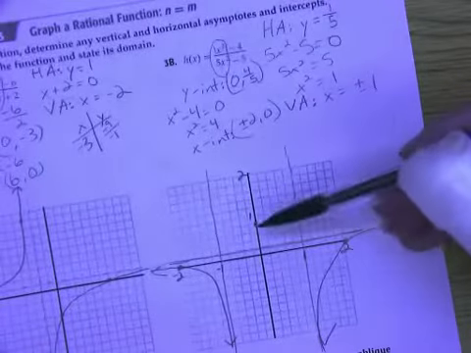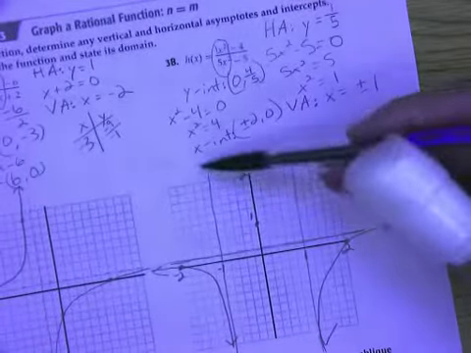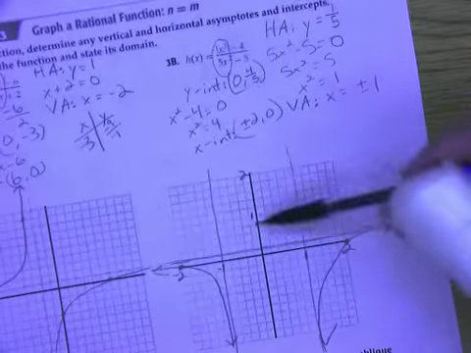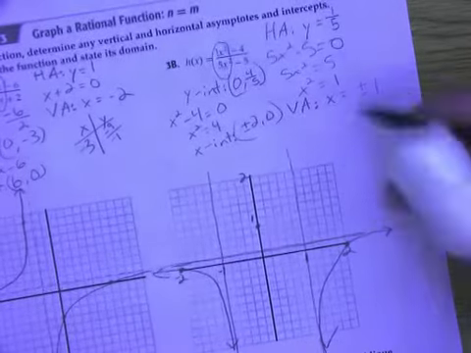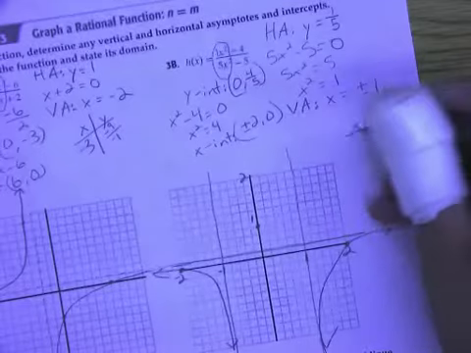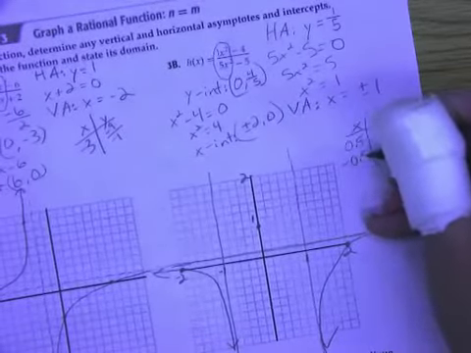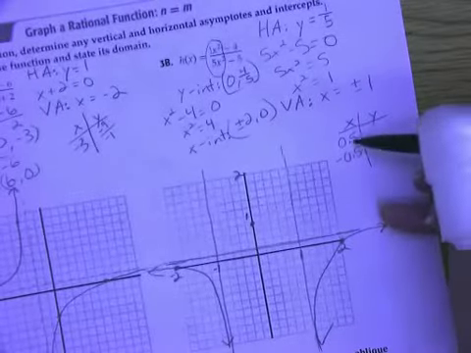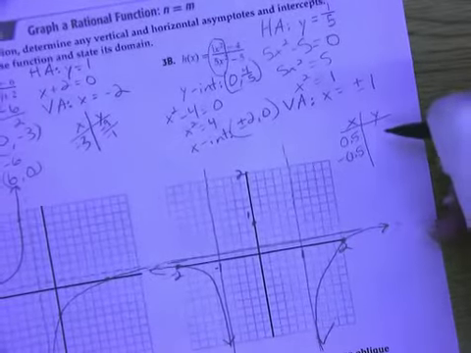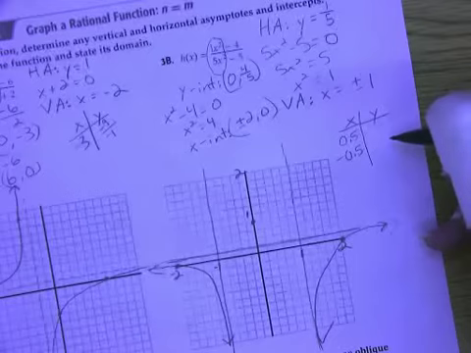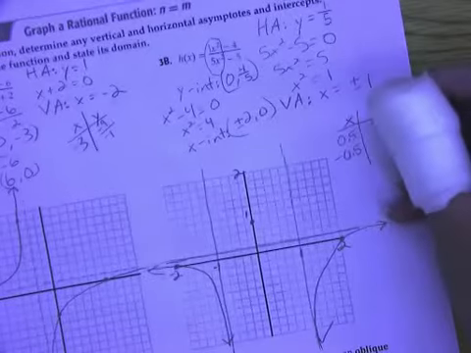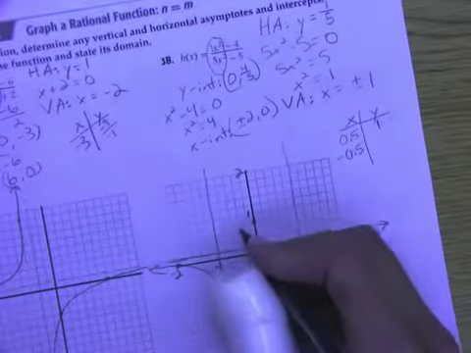And then you might have an educated guess about what's happening between these asymptotes, that maybe it's doing this, but it's good to double check. So let's make a table with 0.5 and -0.5. And when I take that 0.5 and plug it into my calculator, I get 1.